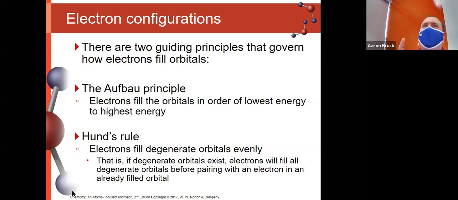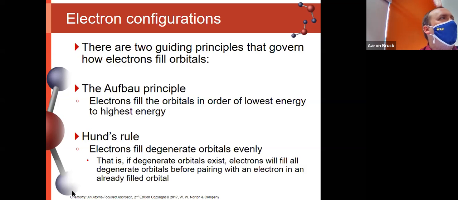When we look at sublevels, the p sublevel, which has 3 orbitals in it, the d sublevel, which has 5 orbitals in it, we're going to apply Hund's rule. And Hund's rule says that all of those orbitals in that sublevel are all equivalent in terms of their energy. And with that equivalence, they're going to fill evenly.